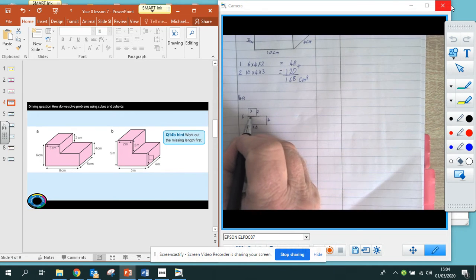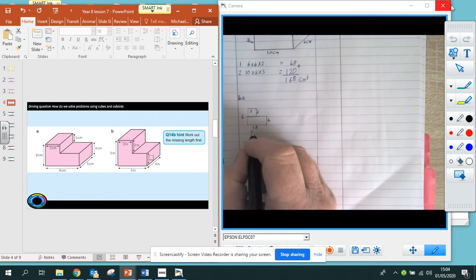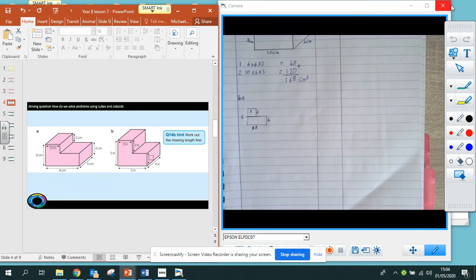I'm going to slice it across here. I don't know why I wrote 18 there. That's wrong. I should have written 8. So I'm going to divide this into two cuboids like that and multiply them together. I know I haven't drawn them as cuboids and I've missed off one of the dimensions, but that's just so that I can do it nice and quickly.